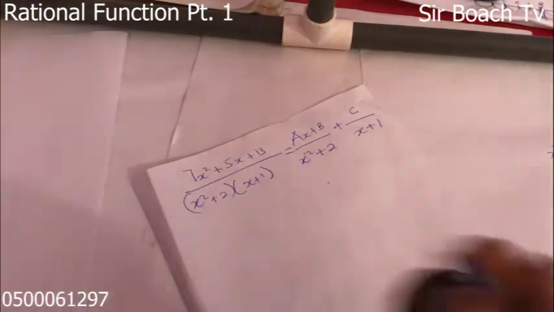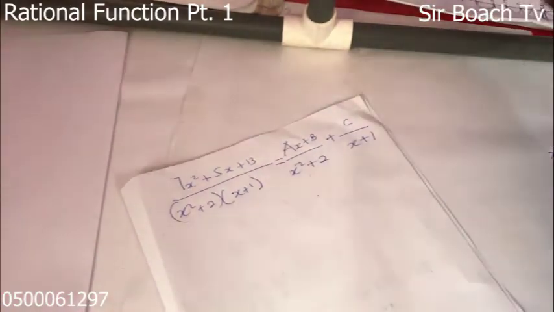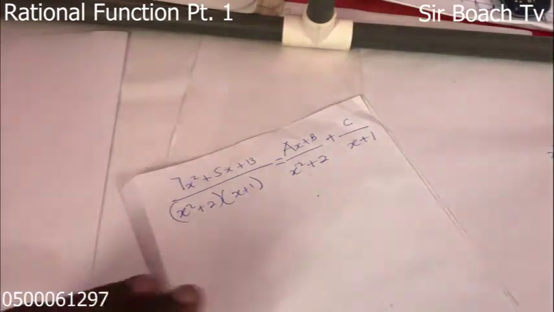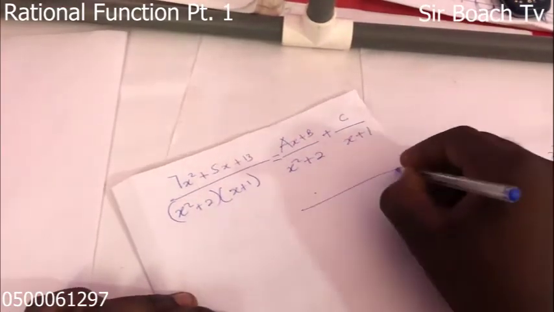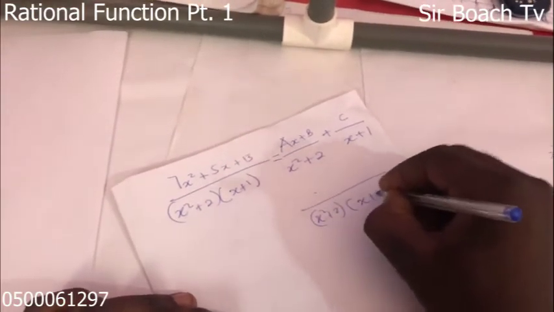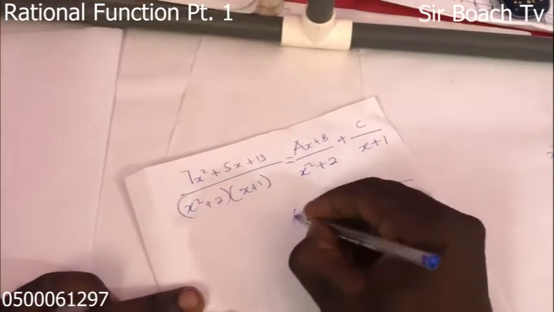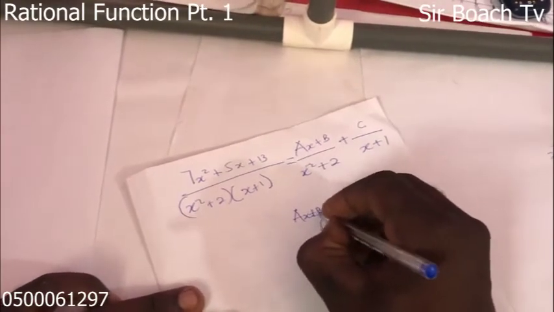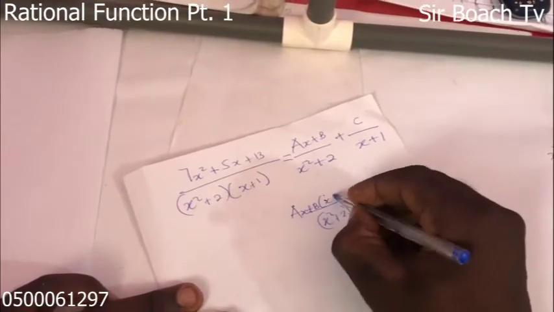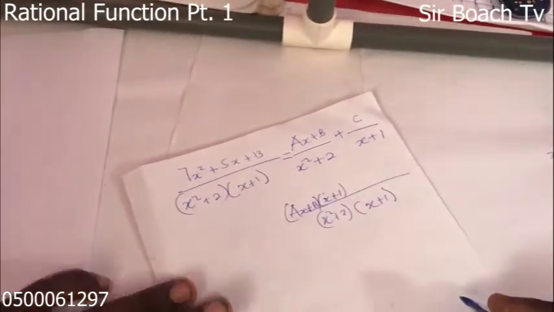Okay, now let's continue. What do we do from here? We find the LCM. So we find the LCM over here. We have s squared plus 2 in one bracket and also x plus 1 in another bracket. So we are going to get ax plus b in a bracket, then x plus 1 also in another, like that.